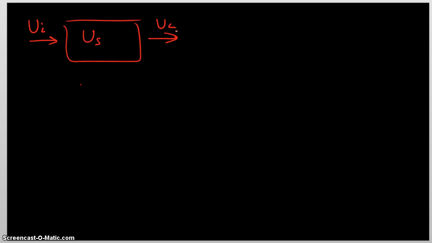So this is the input energy. Let's define k squared again. We had the input energy U_I, U stored, and U converted. Let's just write it out: U_I equals U stored plus U converted.